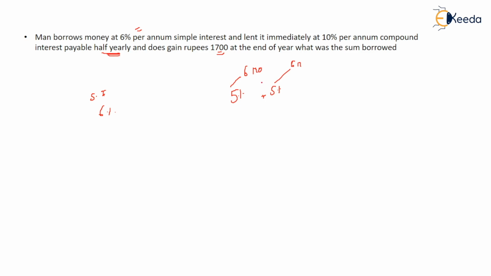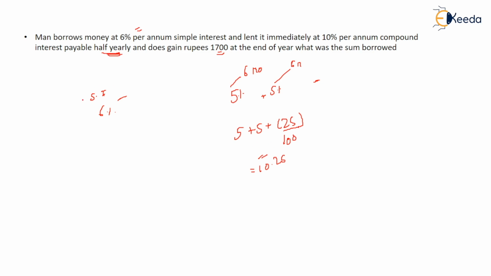This is how I can find it per annum, because the rate is given per annum, so this also I have to find on a per annum basis. 5 plus 5 plus 5 into 5, that is 25 by 100. A plus B plus AB by 100. So this comes out to be 10.25. Means he gave the money to another person at what rate? 10.25% compounded half yearly, right?